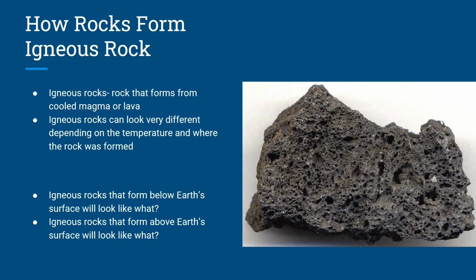Igneous rocks can look very different depending on the temperature and where the rock was formed. Igneous rocks that form below Earth's surface will look like what? And igneous rocks that form above Earth's surface will look like what? So we're going to look at figure 3 to kind of answer this. So B is going to be what's below Earth's surface, right?